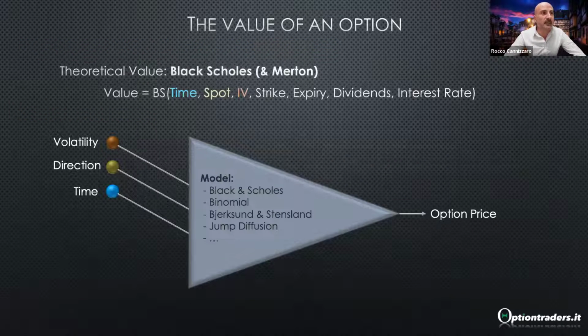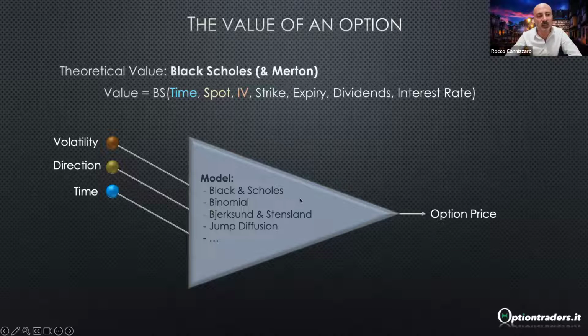So let's start from the basics: we have an option, and how do we value an option? There are different ways you can price an option. There are different models, but in essence, you can think of these as a black box with a couple of levers. You turn those levers, and an option price comes out of this model.